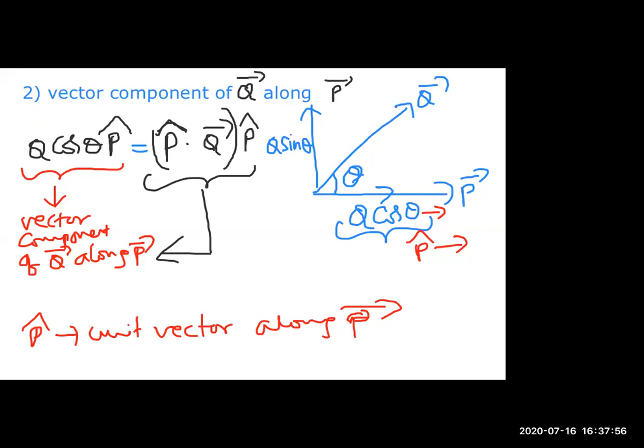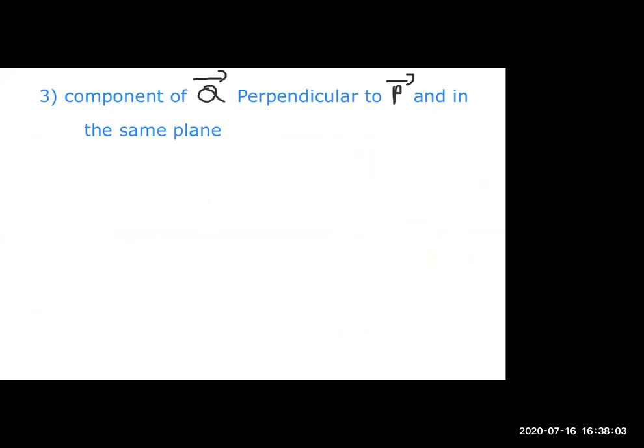Now, the next important thing is the component of Q bar perpendicular to P bar and in the same plane. Very important, observe carefully. Again, as usual, this is P bar and this is Q bar. Already we said Q cos theta is the component of Q bar along P bar.